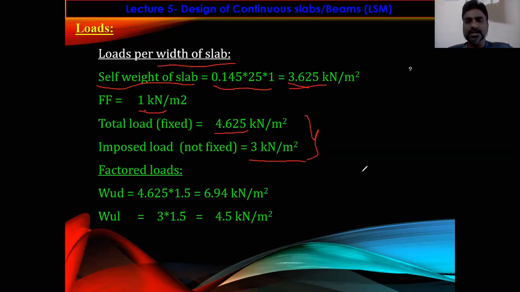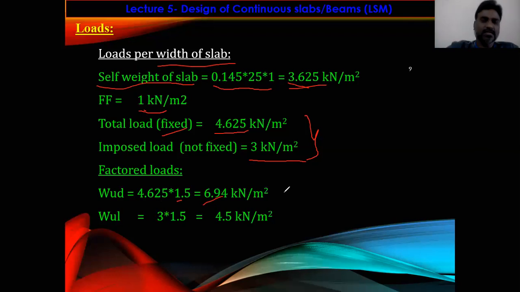You need to determine the factored loads by application of partial safety factors for loads. The partial safety factor for live loads and dead loads is 1.5. So the total fixed load, that is 4.625 into 1.5, we will get 6.94 kilonewton per meter square.